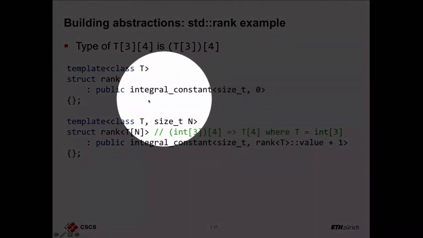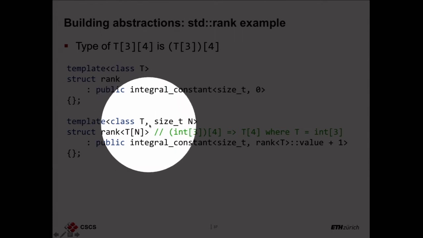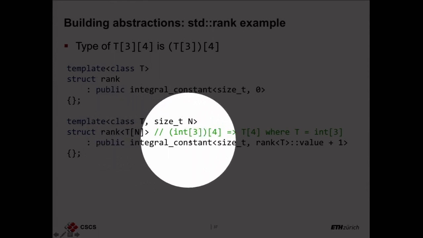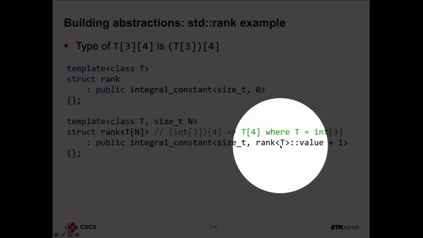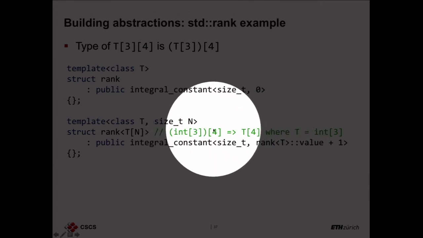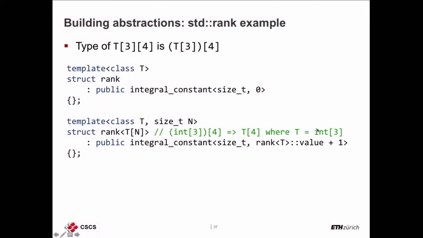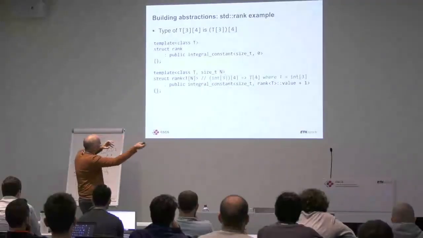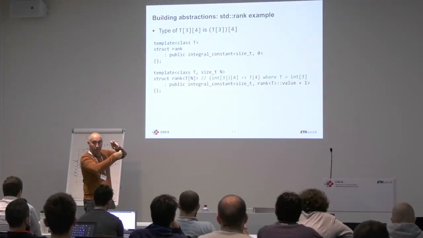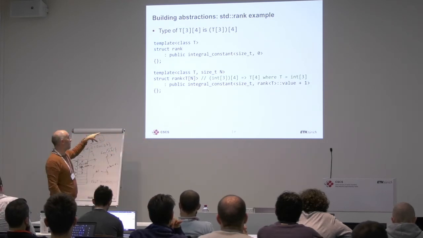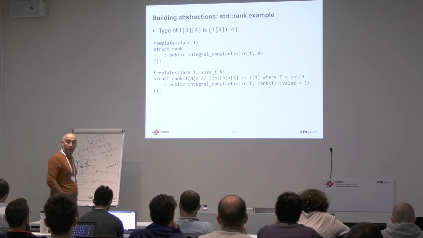And then I go here and say, if the type T that I'm passing is a T[N], so it's an array type, then I go and compute the rank of T, because the rank of int[3][4] is rank of T[4], where T is int[3]. And so it is a recursive expression where you basically strip out one of these dimensions at a time until you end up with a base type, and then you can compute your rank. So std::rank is implemented like this in the standard library.